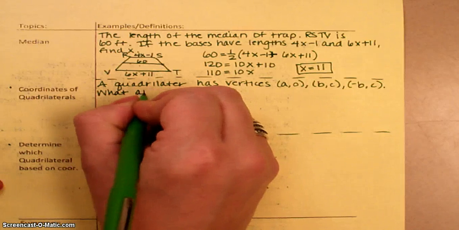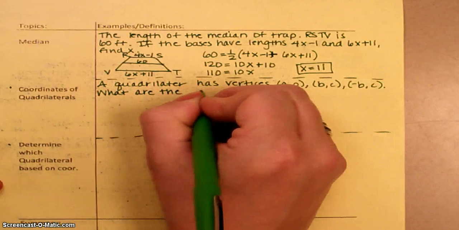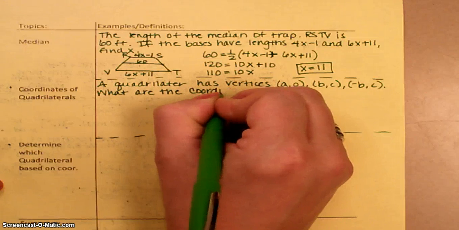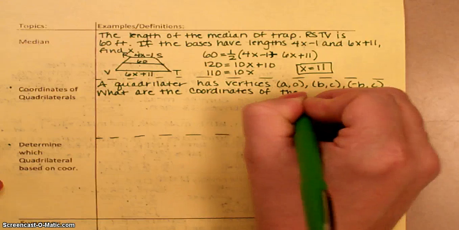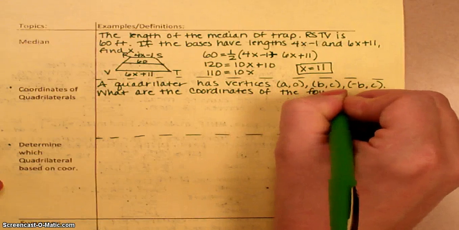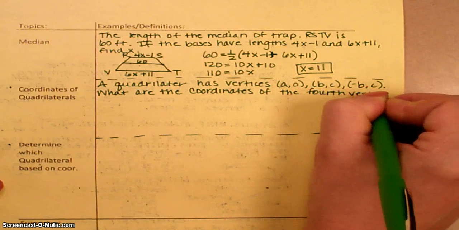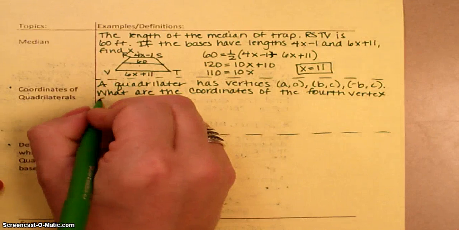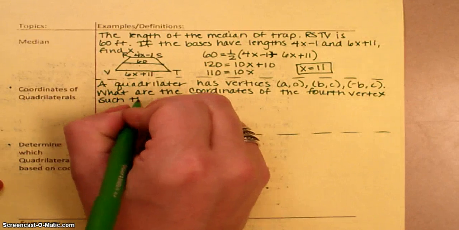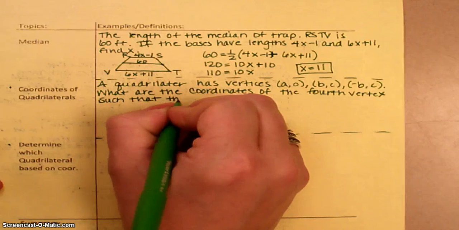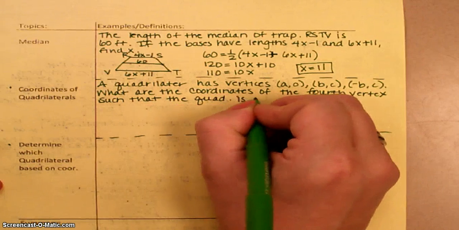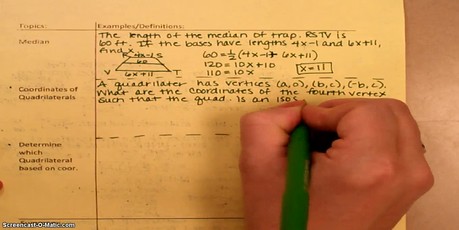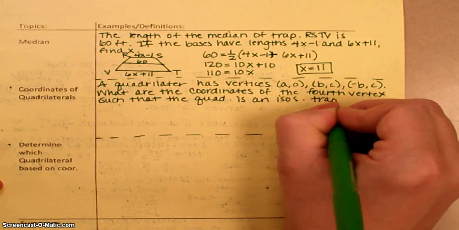What are the coordinates of the fourth vertex? Notice you're only given 3. We want to find the fourth one, such that the quadrilateral is an isosceles trapezoid.